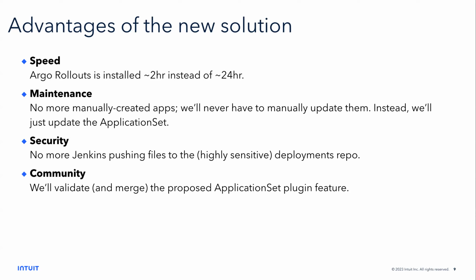And as application set gets adopted by other teams, we don't want files to get pushed to this repo. Again, we wanted to validate the application set. Michael did an awesome job in reviewing that feature, and I think we got it merged. So yeah, I guess that's pretty much it.